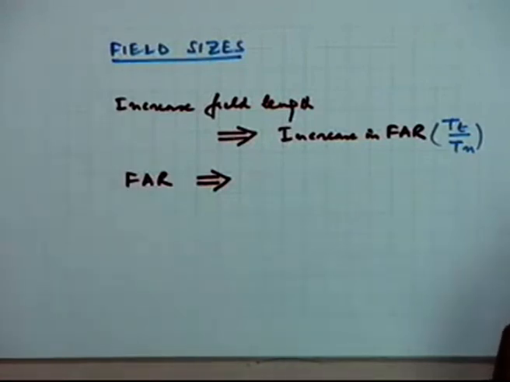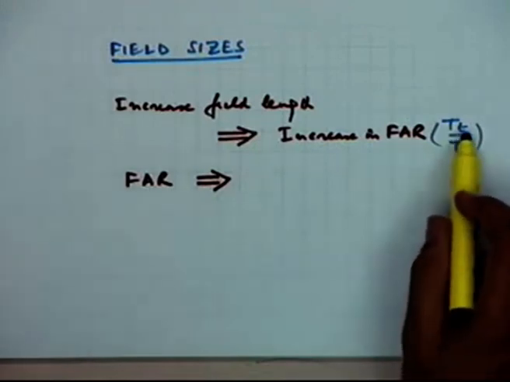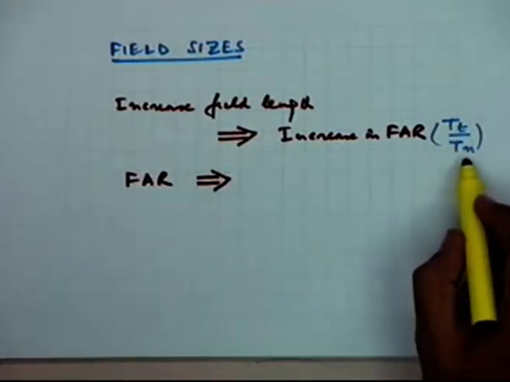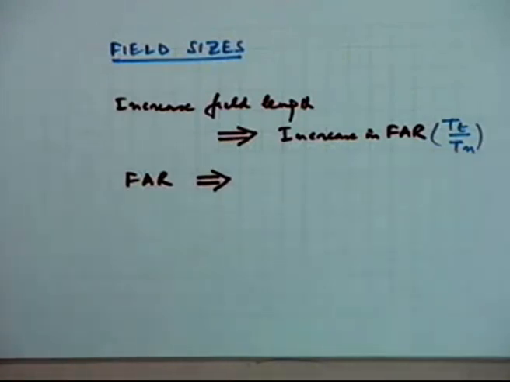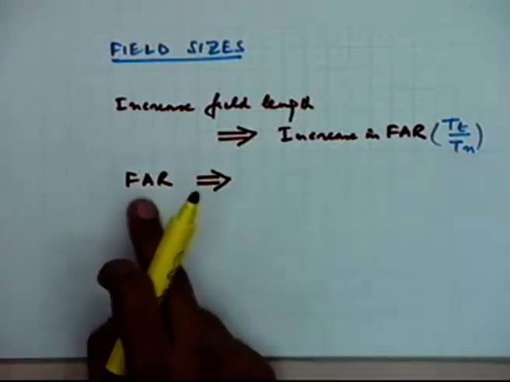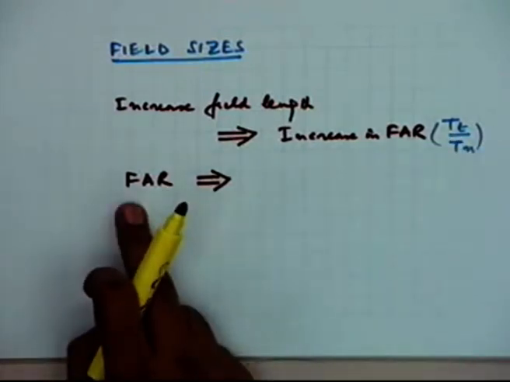Basically your advance time is increasing. That means the larger the length of the field, your TT will be larger. The TN may or may not change; there is something which is the requirement. So for a larger TT, FAR will be larger.